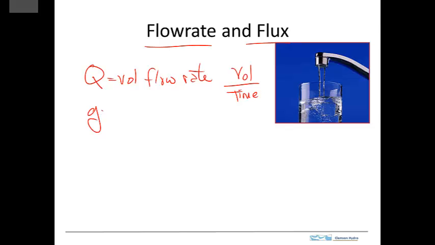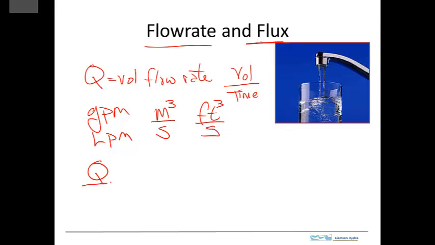So gallons per minute, GPM, liters per minute, cubic meters per second. In streams, we often use cubic feet per second. All of those things are volumetric flow rates. Flux is the volumetric flow rate per unit area.